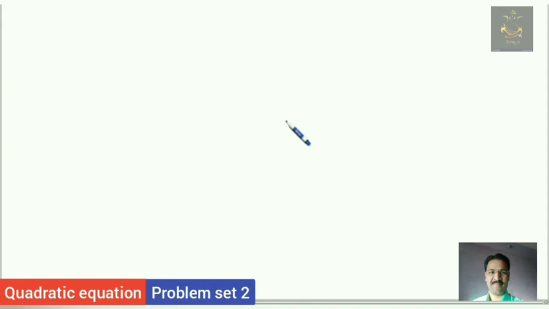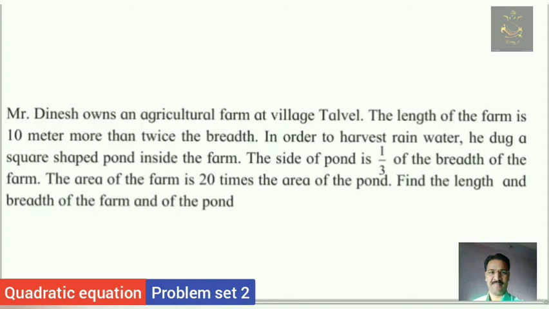Students, second last sum, that is the 14th one. Just look here. Mr. Dinesh owns an agricultural farm at village Talvel. The length of the farm is 10 meter more than twice the breadth, which means it is a rectangular farm. In order to harvest rainwater, he dug a square shaped pond inside the farm.